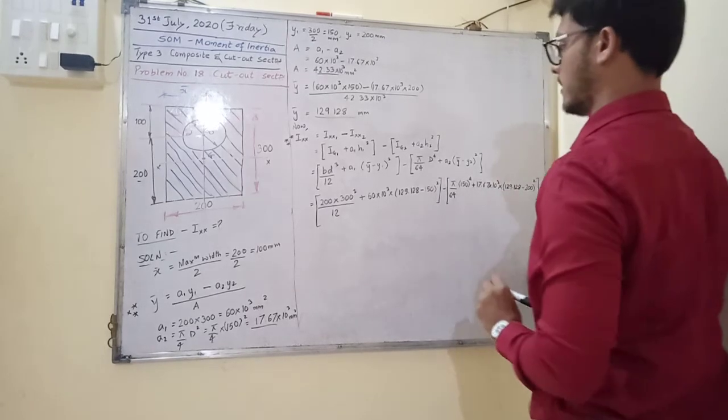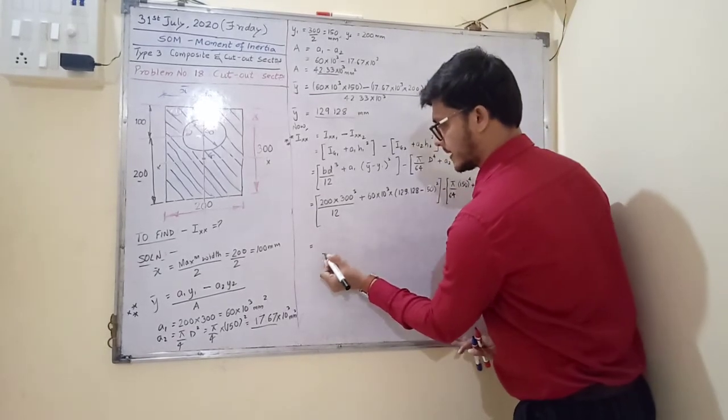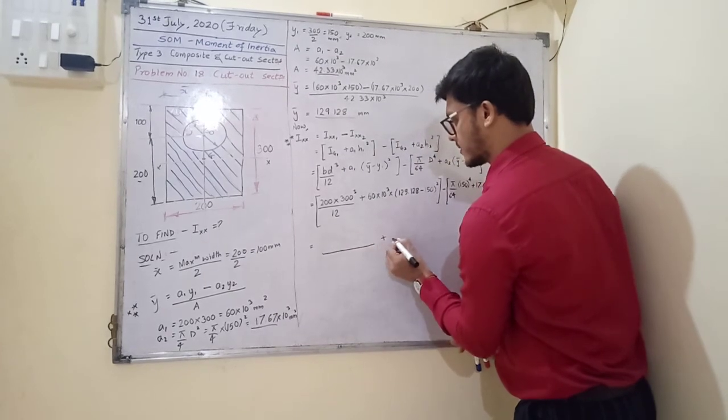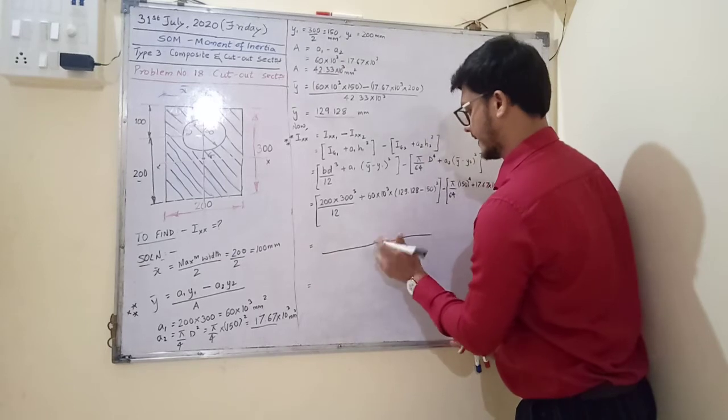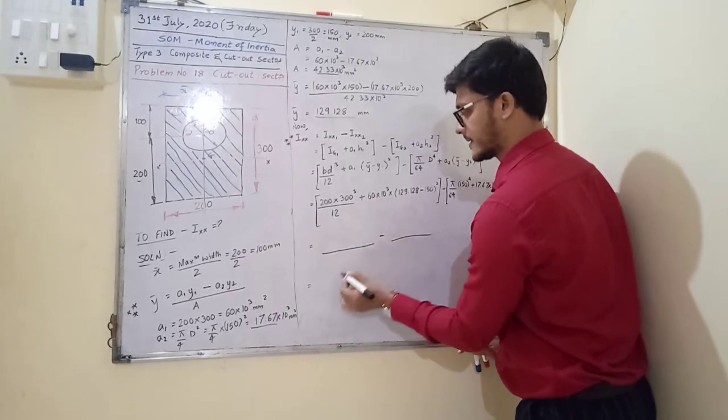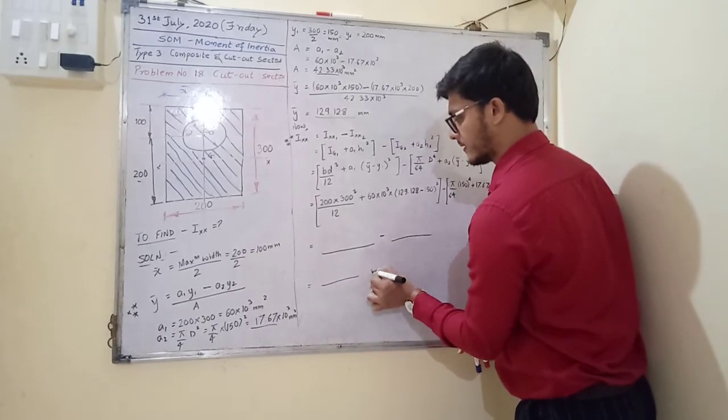Close this bracket. So on solving the first square bracket we will get the answer. On solving the second square bracket we will get the answer and minus sign will be there. Be careful here, minus sign. Have to subtract the values to get the final answer in millimeter raised to 4.